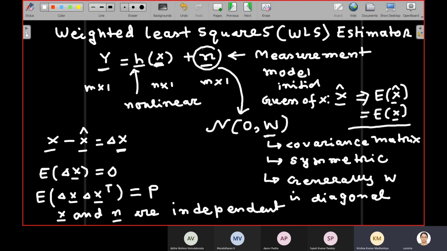So it's likely that it will take a large value. So this implies that the second measurement element will have a large N, large noise. And that is what the W matrix tells us statistically. So we do not want to rely heavily on some measurement which has large N, large noise.